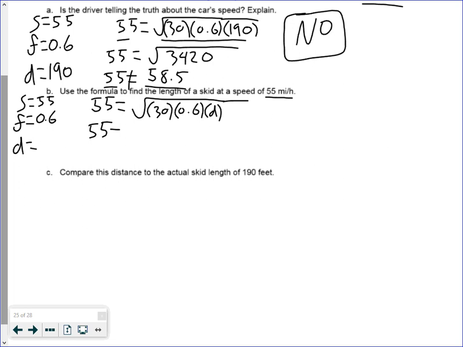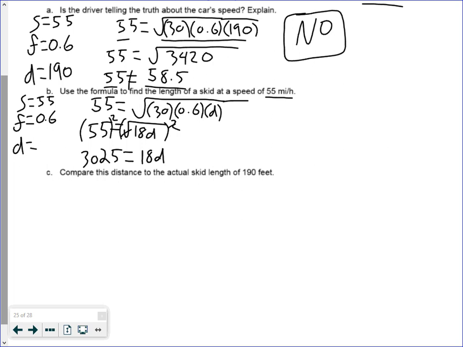So 30 times 0.6, that gives us 18. So you have 55 equals the square root of 18D. And we need to get rid of that radical since our variable is underneath that radical. So we square both sides. 55 squared is 3025. And the square root and the square here cancel out.